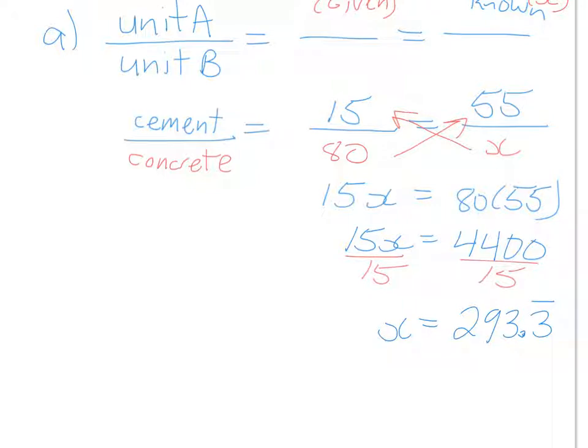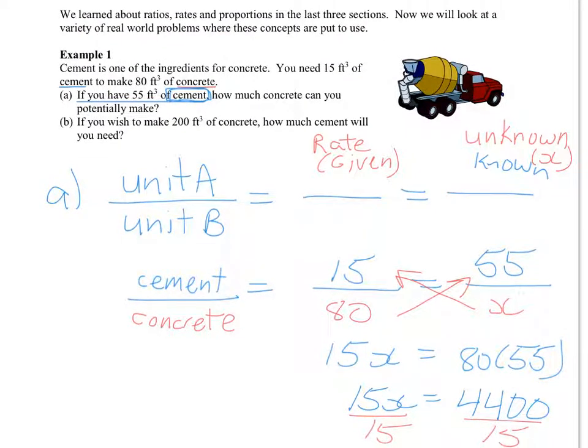So what this is basically saying, and if you think back to what x was, how much concrete we need, or how much concrete will be created if we have 55 cubic feet of cement. So you would say, the question asked us, if you have 55 cubic feet of cement, how much concrete can you potentially make?